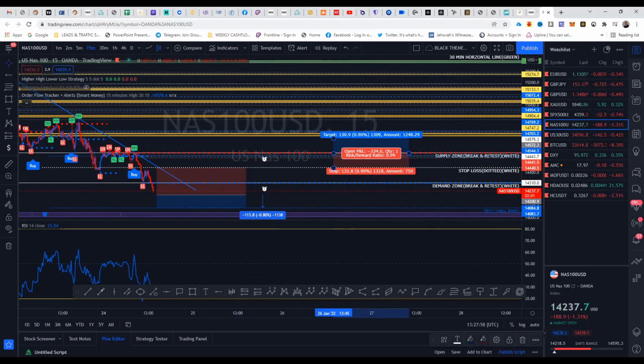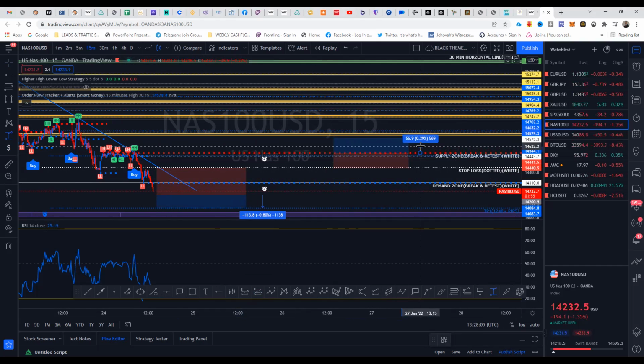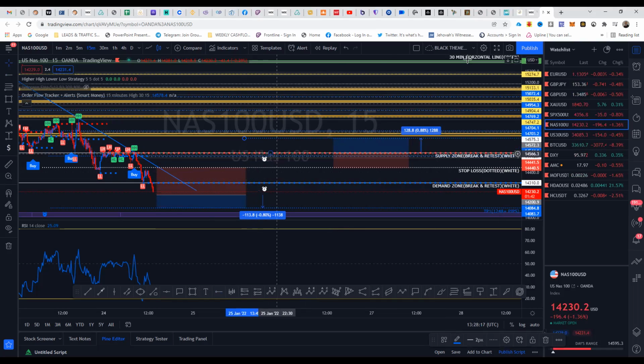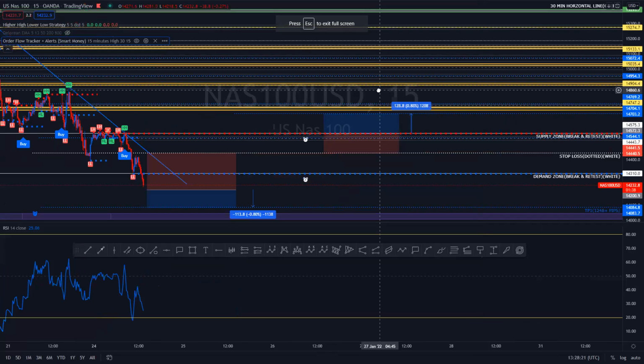And then I want to get at least 10 pips of this, or at least 500. So I just say here. So really I can just go all the way up to here, shoot for that. So then, let me zoom in so we can see this. There we go.